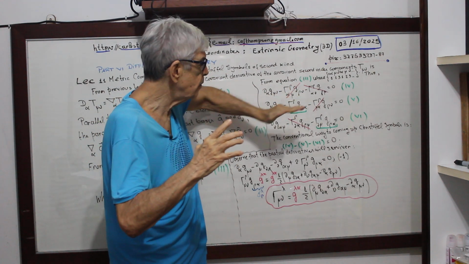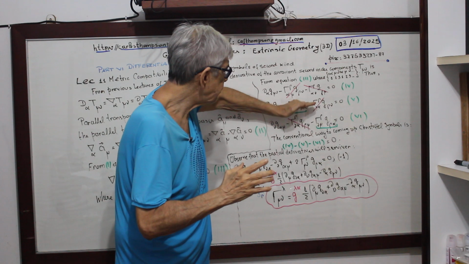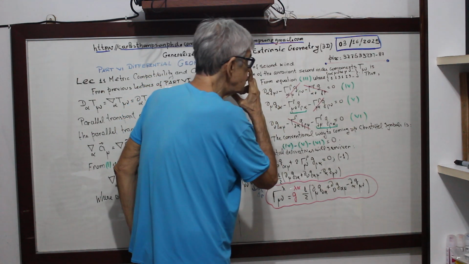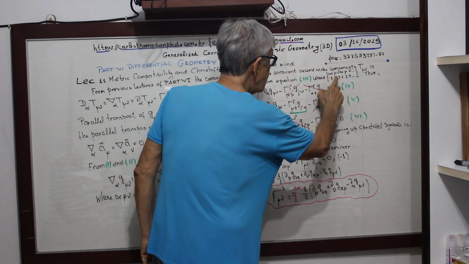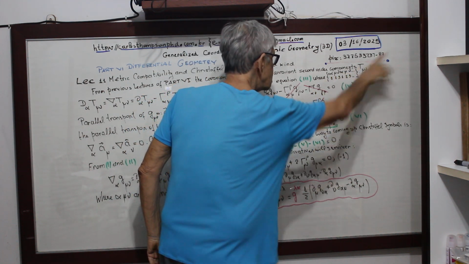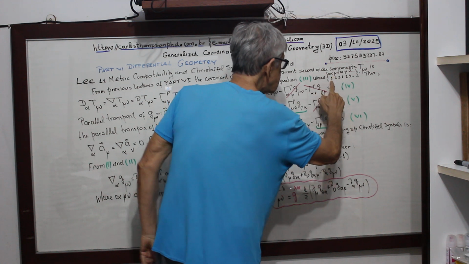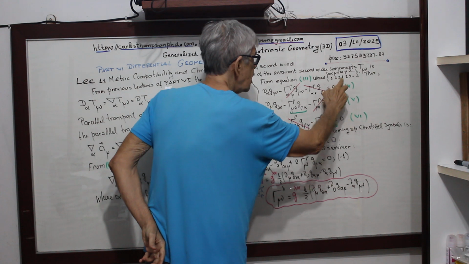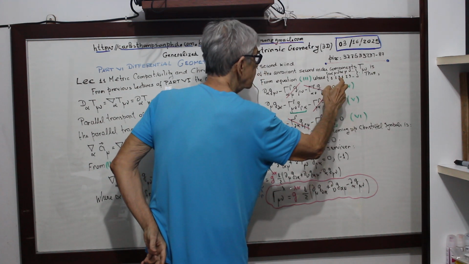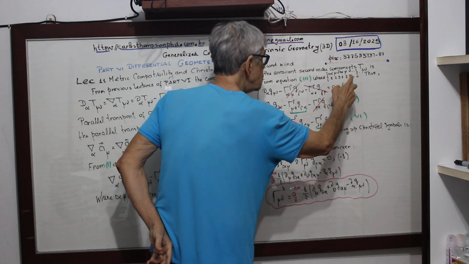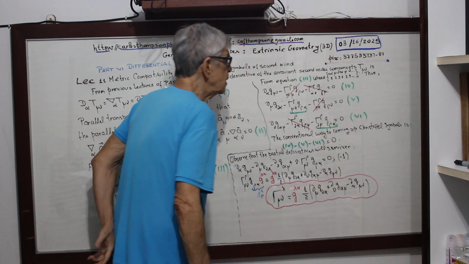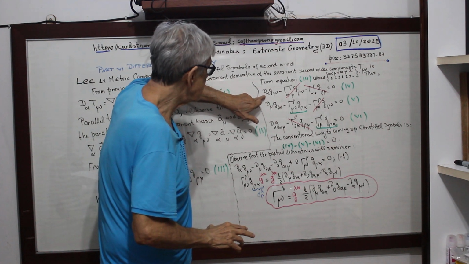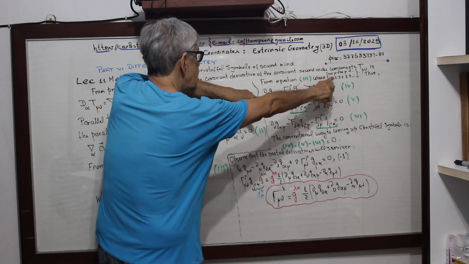I write two more equations from this one using permutation. α corresponds to 1, μ to 2, and ν to 3. After 3 comes 1, after 1 comes 2, after 2 comes 3. It's quite easy. If you follow this, you look at α here and α over there.